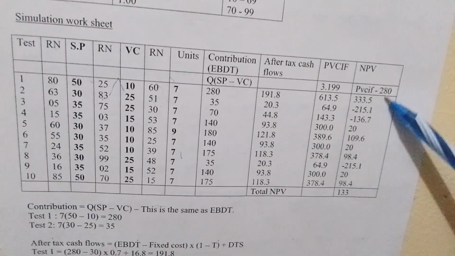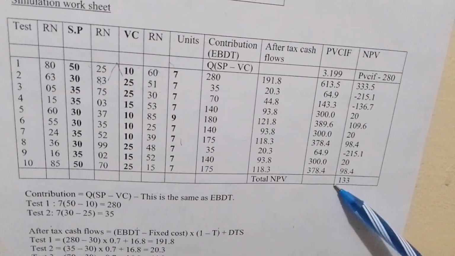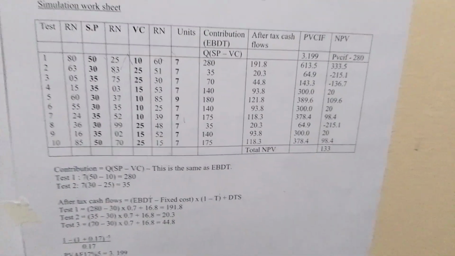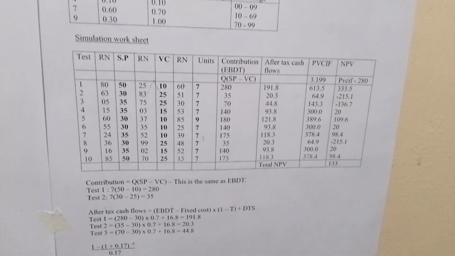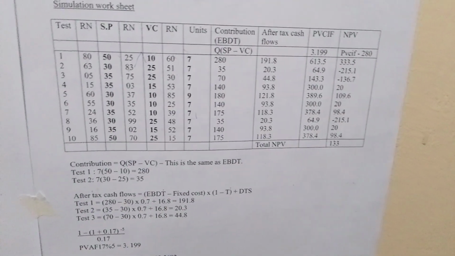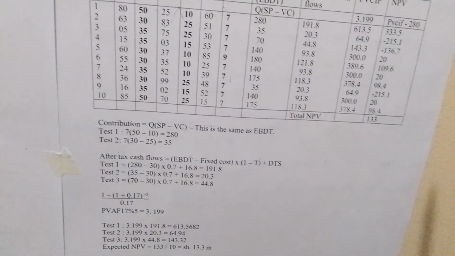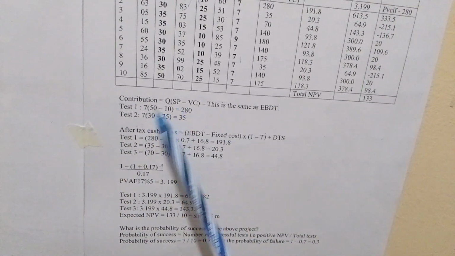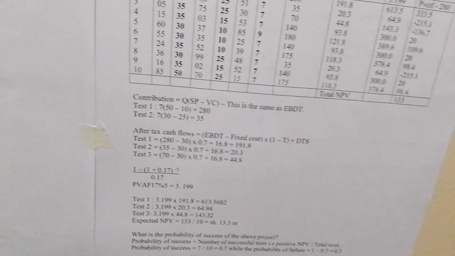Then you sum up all this to get the total net present value. So our total net present value is 133. Our workings are here. Down here, you can just check those workings.